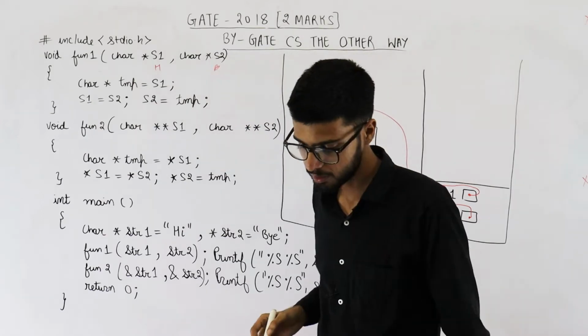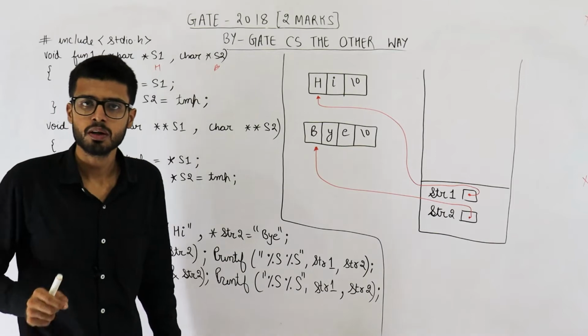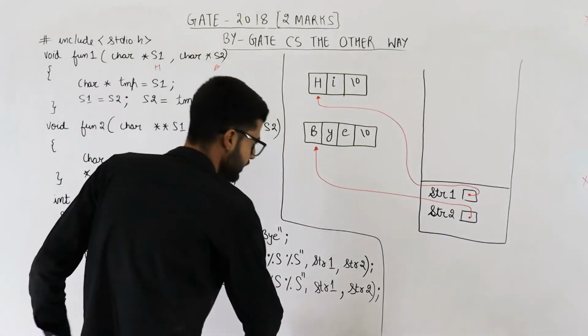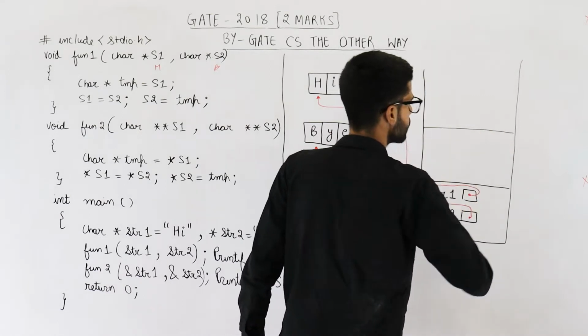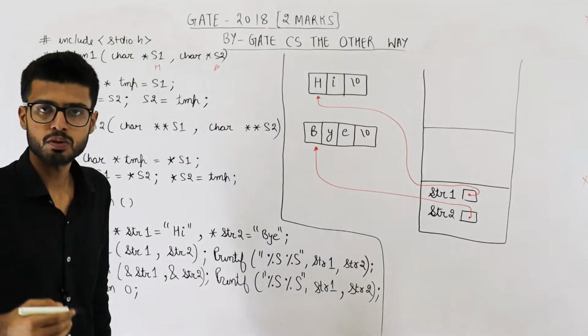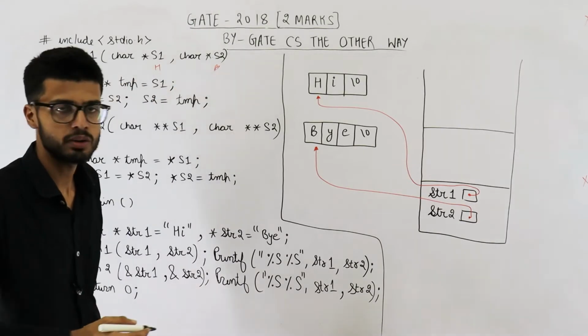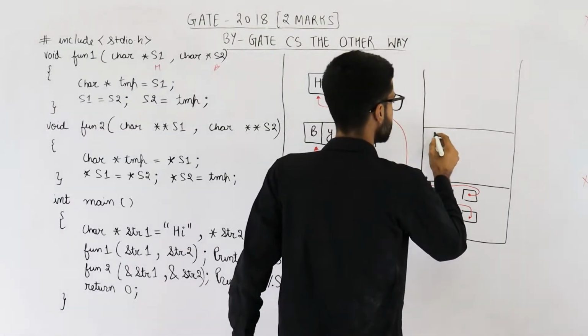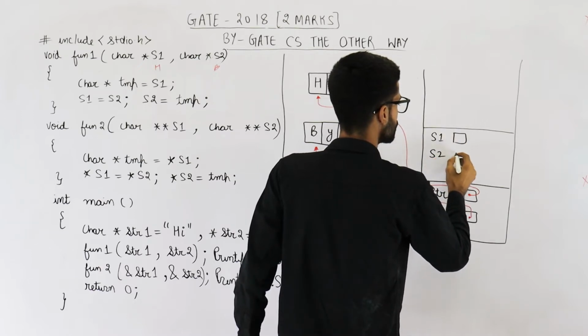Now see, this is a function call. For every function call, an activation record is pushed onto the stack. Suppose this is that activation record. All the local variables of the new function will be allocated there. So s1 and s2 will be allocated here. This is s1, this is s2.